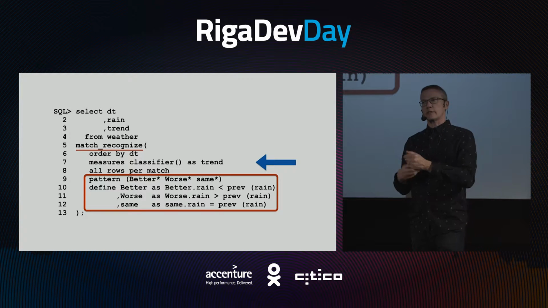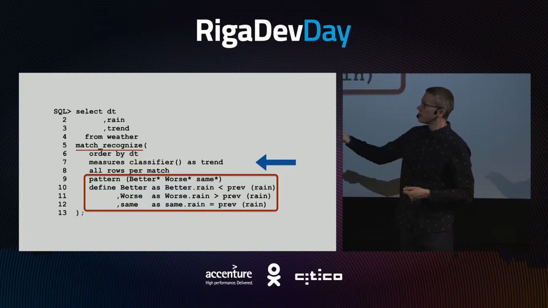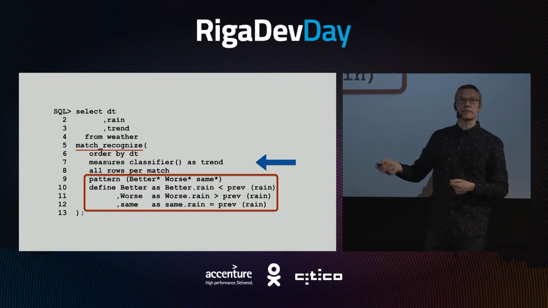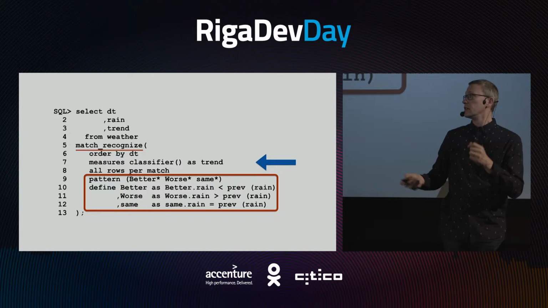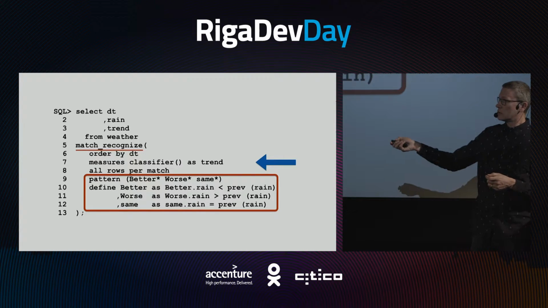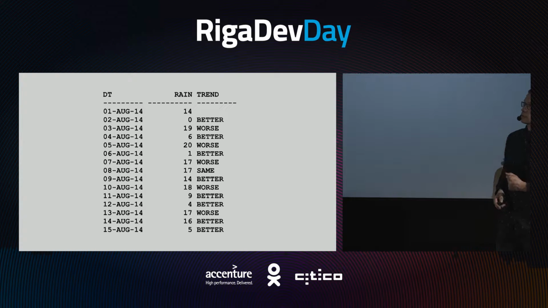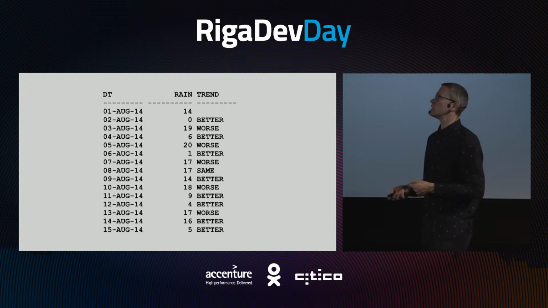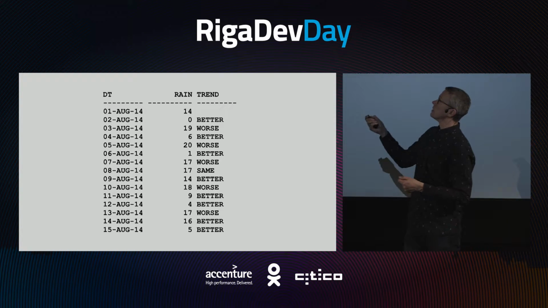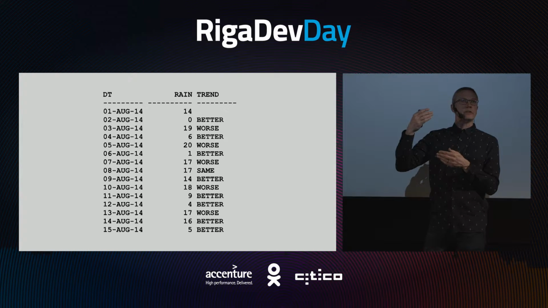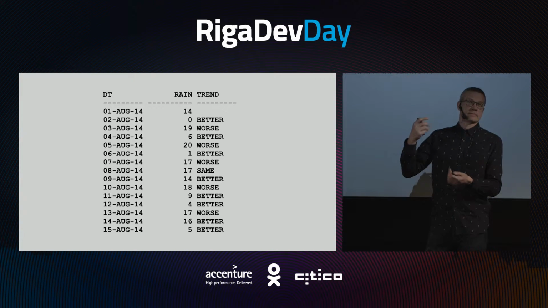Going through your result set, going through your data, you can also say, where did it match? What was the classifier that it matched? So you can actually see which of these definitions it actually matched on. If you look at our data in that table, it's the first day of August. Well, there was no previous day because you only have August data.